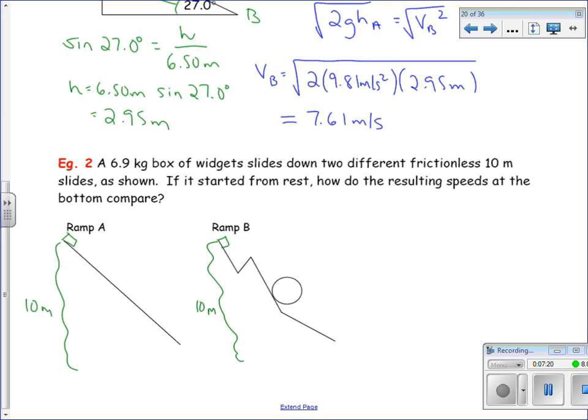So at point A, we have a height of 10 meters and a velocity of 0 because it starts at rest. This is point A, this is point B, and at point B we have a velocity that we don't know, and a height at B of 0.